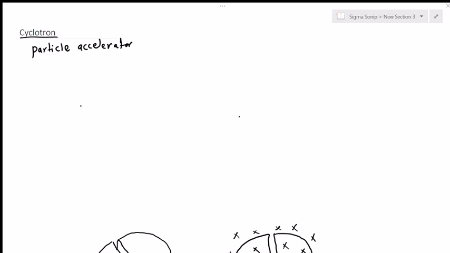So we use that concept, and we make the particle go around in circles instead of going in a straight line for kilometers. We make the particle move in a circular motion, and we accelerate it at the same time, so that when it comes out, we have an accelerated beam, and because it has traveled in circles, the size of the cyclotron is normally small, and we have a compact particle accelerator.